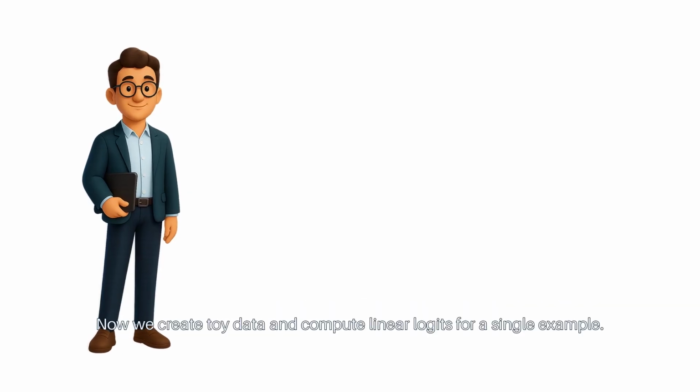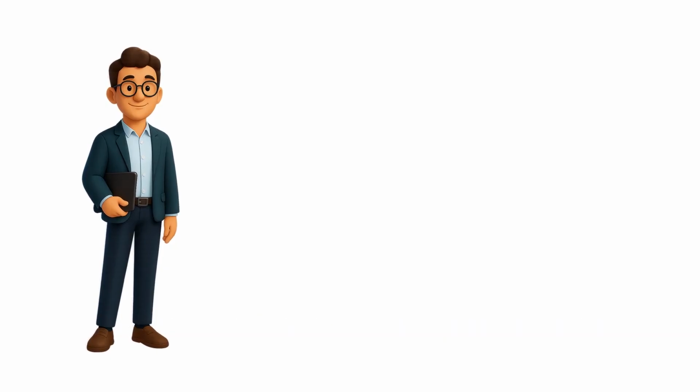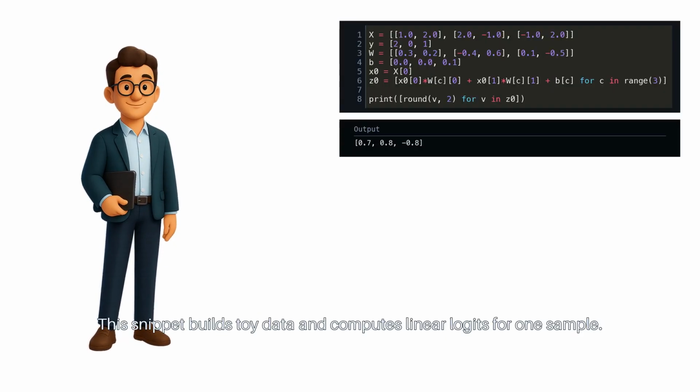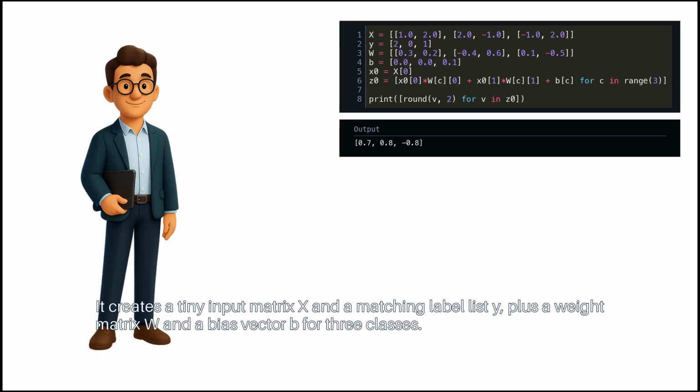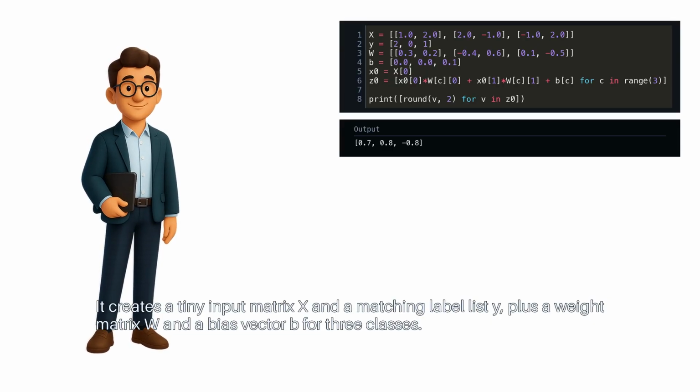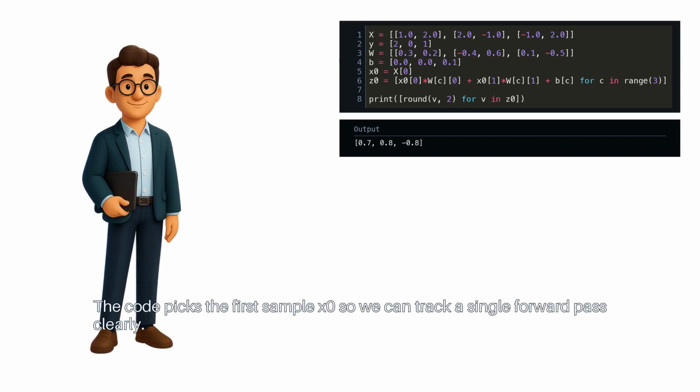Now we create toy data and compute linear logits for a single example. This snippet builds toy data and computes linear logits for one sample. It creates a tiny input matrix X and a matching label list Y, plus a weight matrix W and a bias vector B for 3 classes. The code picks the first sample X0, so we can track a single forward pass clearly.